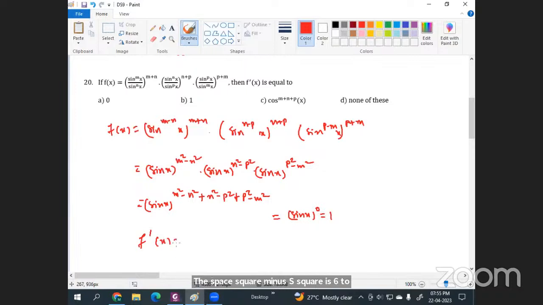Therefore, f dash of x will be 0. So, A is the right option. Correct? A is the right option.